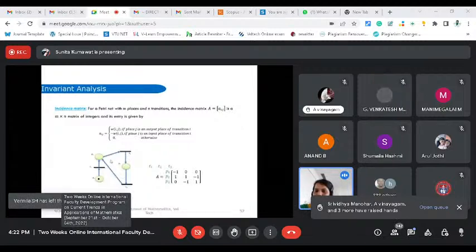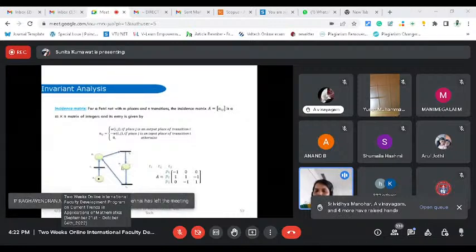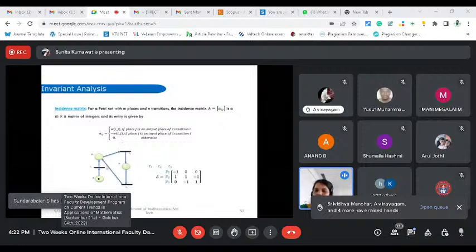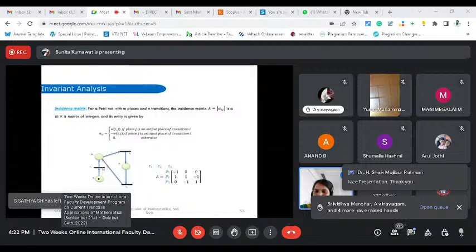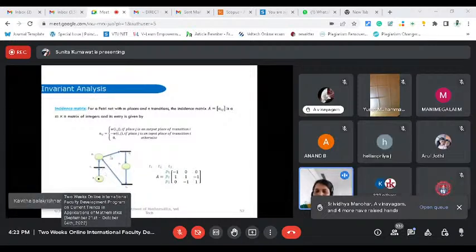You can see here P2 is the input place for T2, and P3 is the output place for T2. And sometimes some place is neither input nor output for the given transition, like here P2 is neither input nor output for T1, because there is no connection between P2 and T1. That's why it is 0.